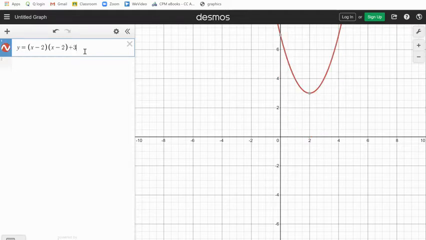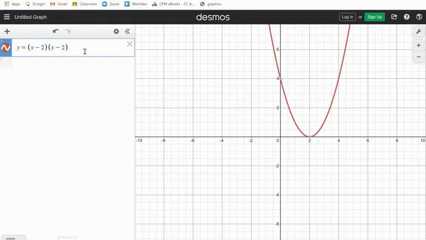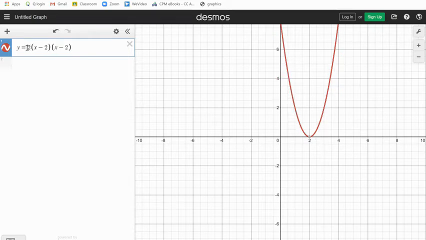So if I did that, that obviously moves it up. That doesn't keep our same vertex. So what I could do is play around with what if I put something in front. So if I put a 2, that keeps the same vertex, it just makes it more narrow. So that's what you're going to be experimenting on.